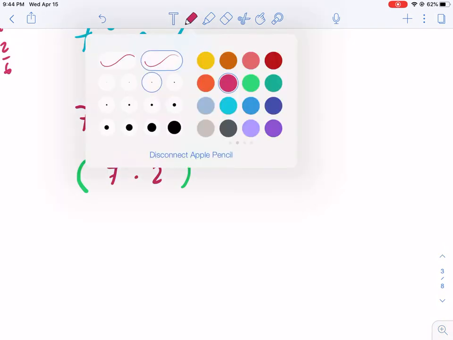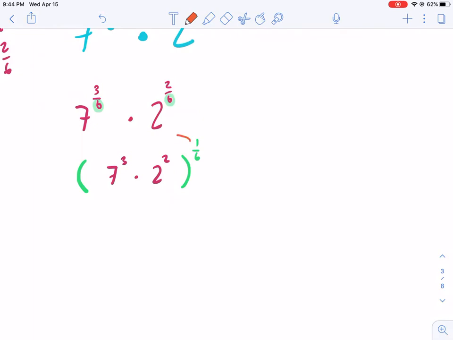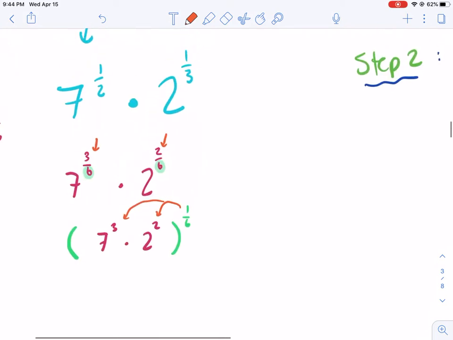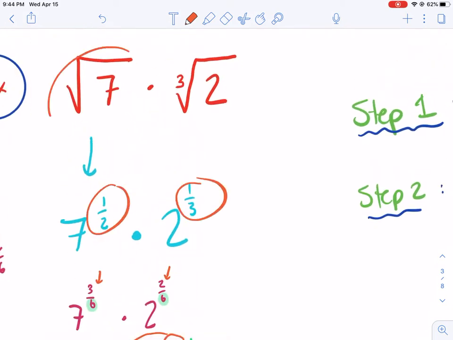Why does this work? If I distribute this power to both, I end up with what we started with.